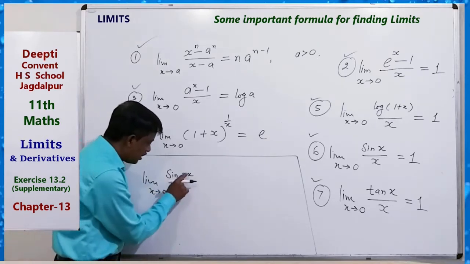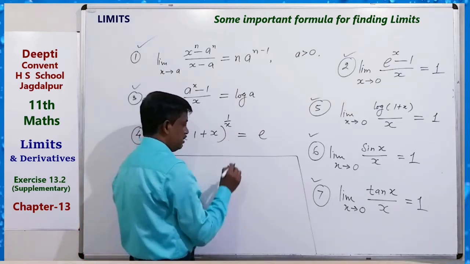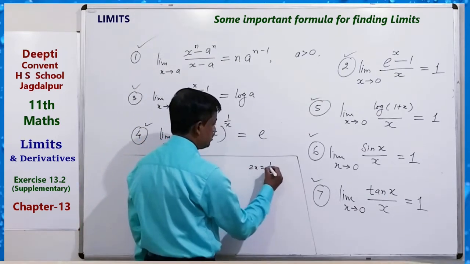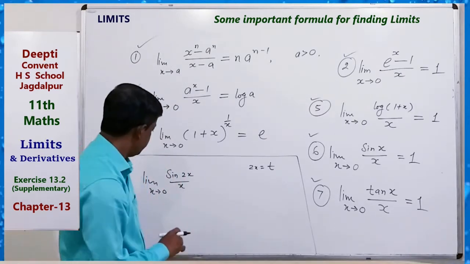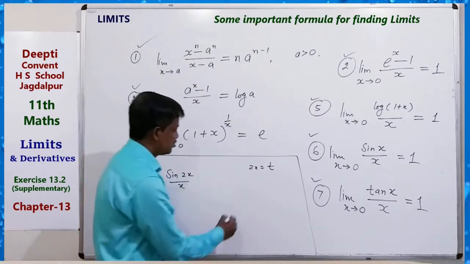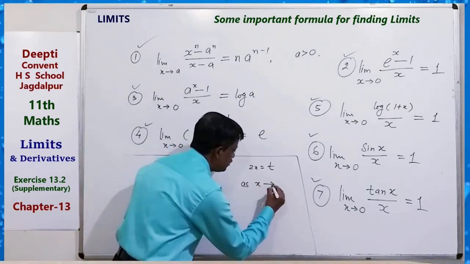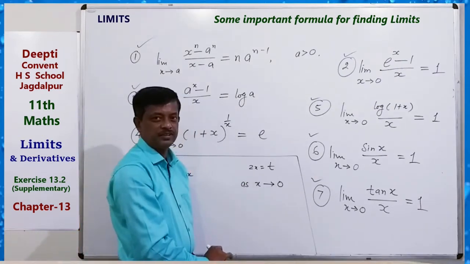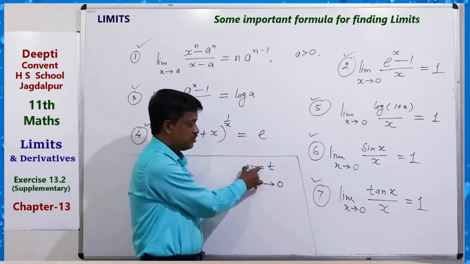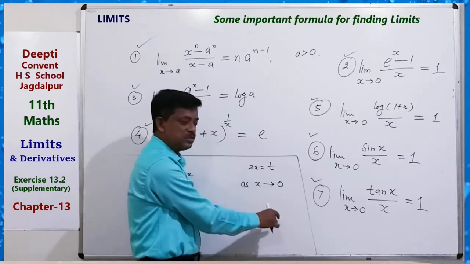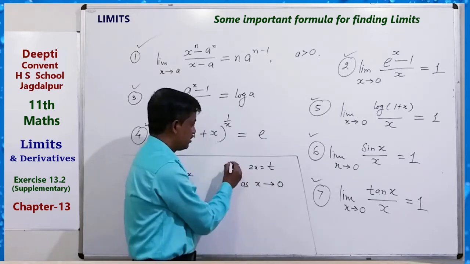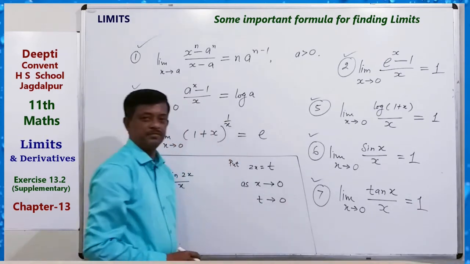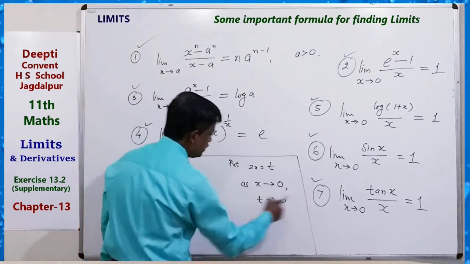Here you can substitute 2x equals t. As x tends to 0, 2x also tends to 0 because 2 into 0 is 0. So t tends to 0.